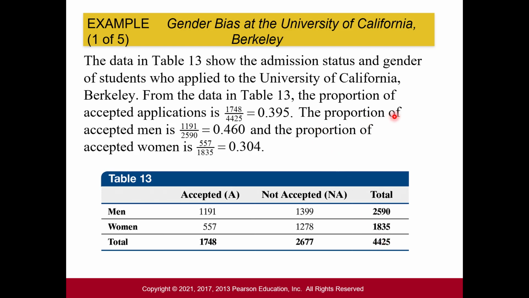The proportion of accepted men was about 46%, and the proportion of accepted women was about 30%. We get those by taking the value, for example, for women, of accepted over the total number of women that applied.